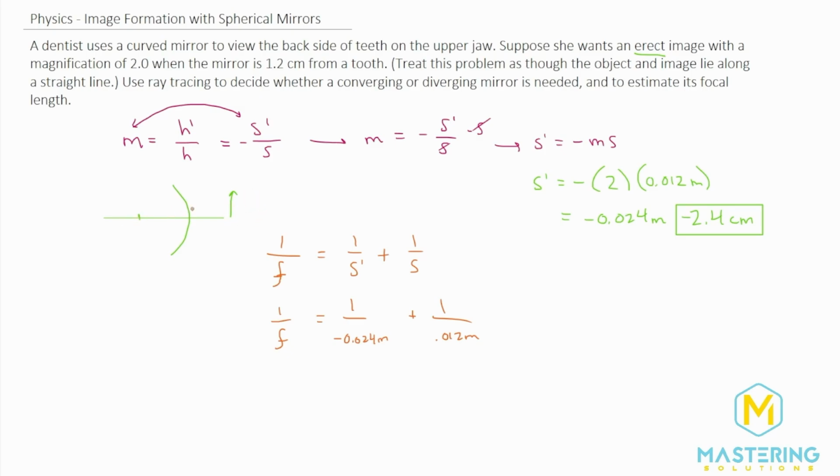If an image is downstream, it's positive, and if it's upstream, it's negative. That may be confusing, but for a mirror, just think that if it's on the same side, it's positive, and if it's virtual and over here, it will be negative. So for a converging mirror, the focal length for a concave mirror will always be a positive value.